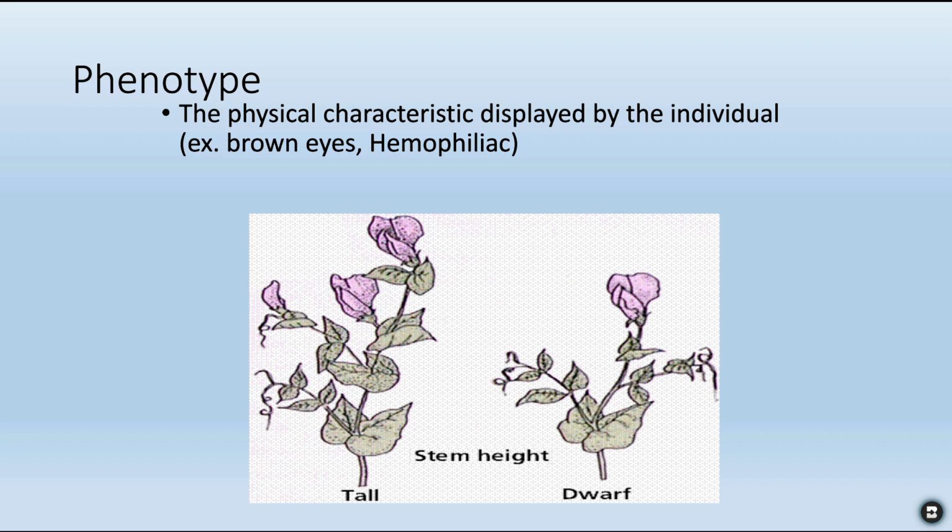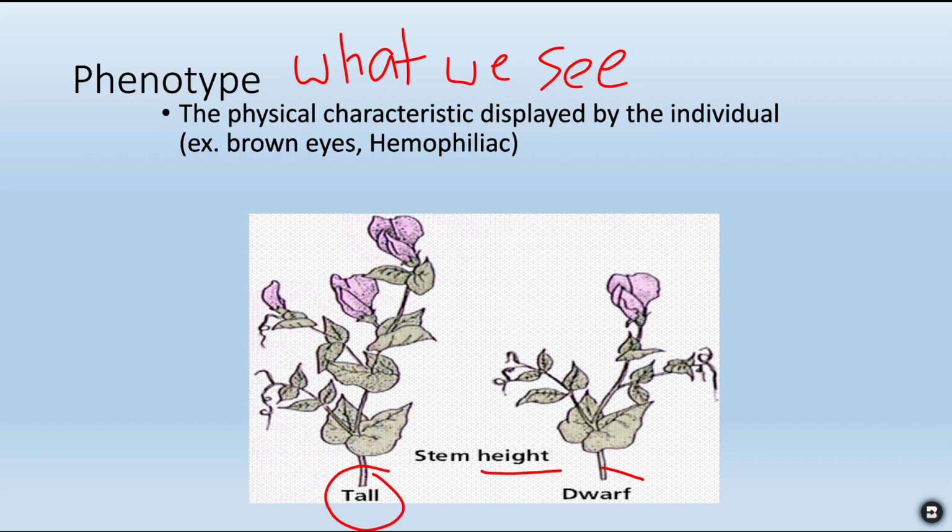So, what are we showing though? What are we expressing? Based on the letters that you inherit, the genotype, you can then show a phenotype. A phenotype is what we see. For example, in the case of this flower, this plant, the height, tall or short, are the phenotypes.